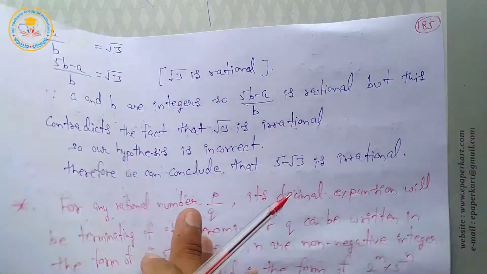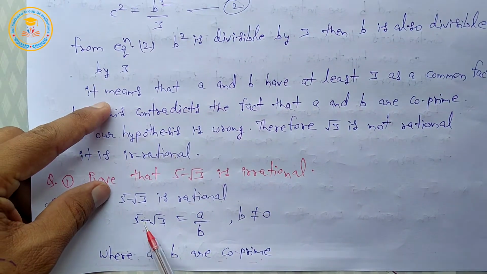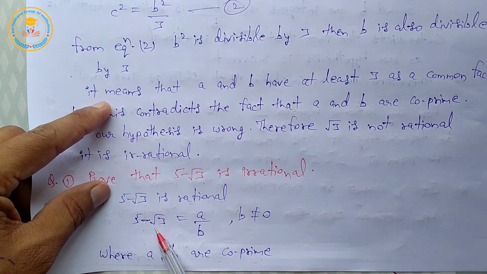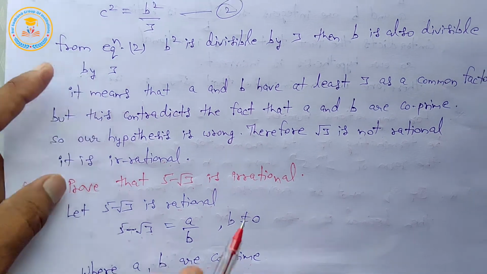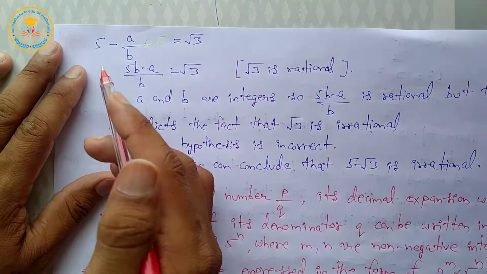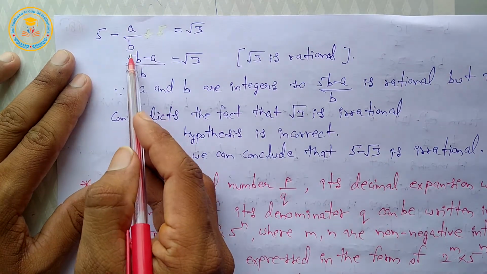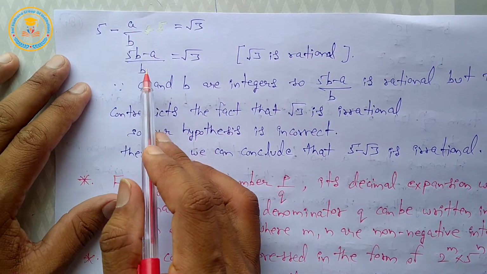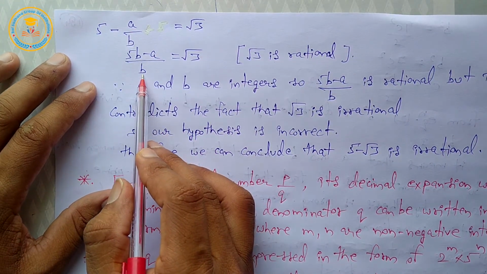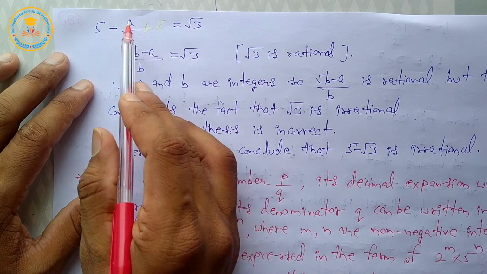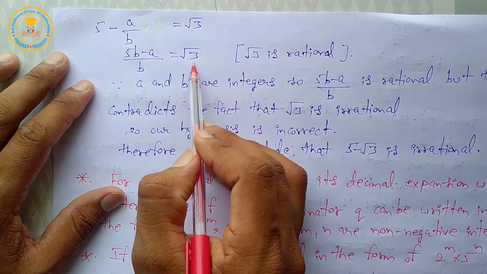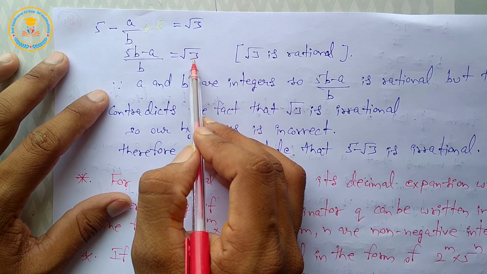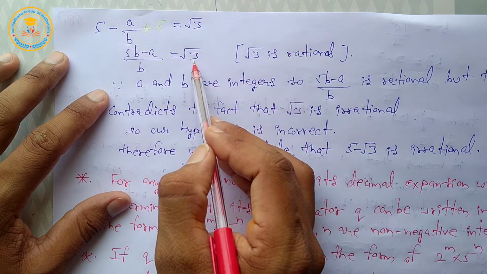Five, the number, is transferred to the other side; on the left-hand side we take only the root value. So root 3 equals 5 minus a by b. Taking the LCM, which is b: root 3 equals 5b minus a divided by b. We know root 3 is irrational.